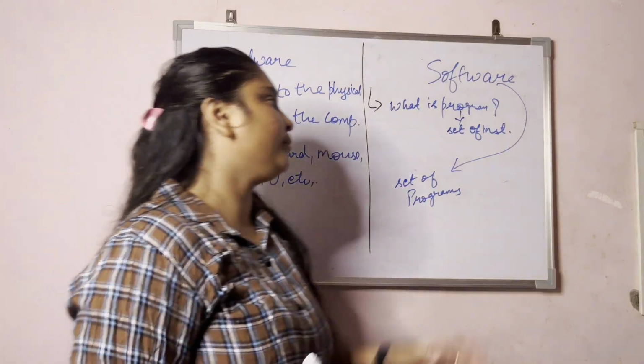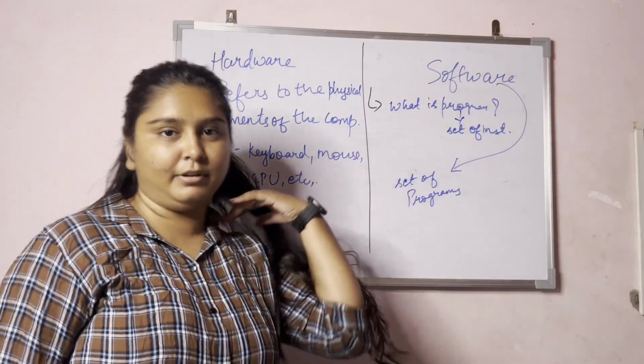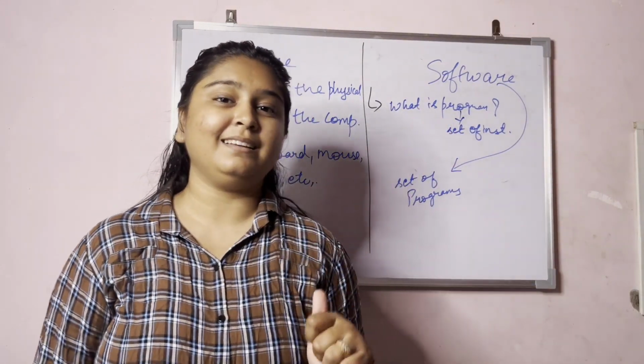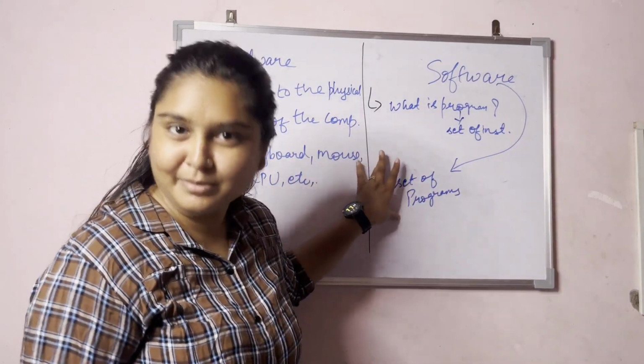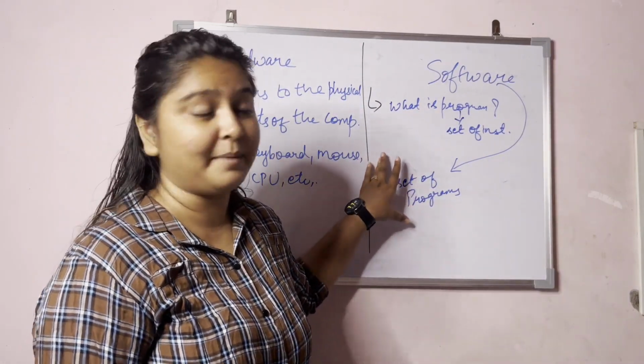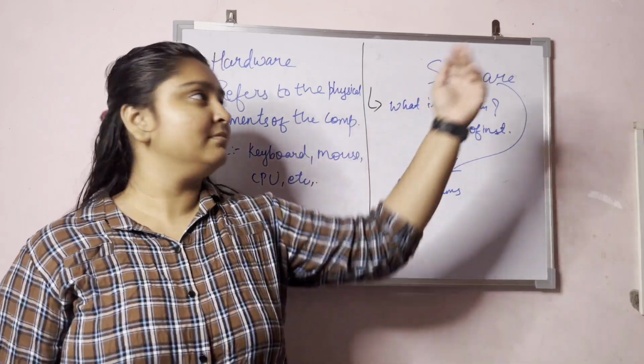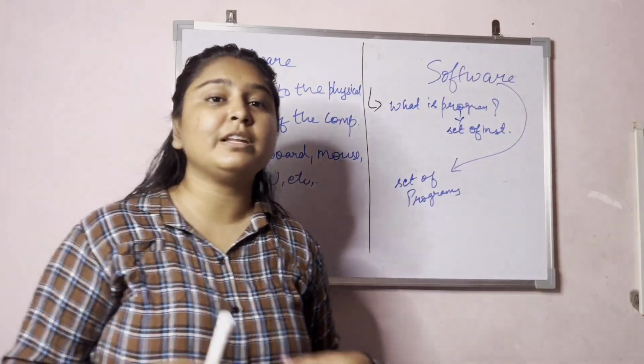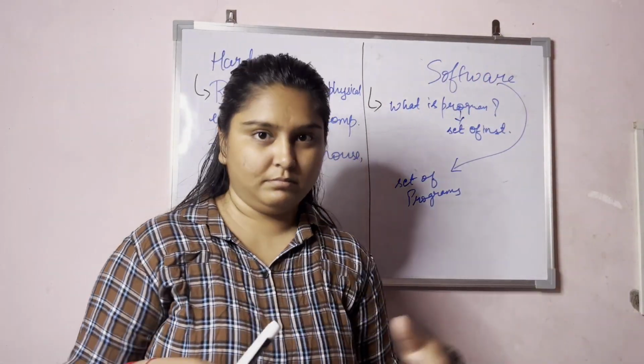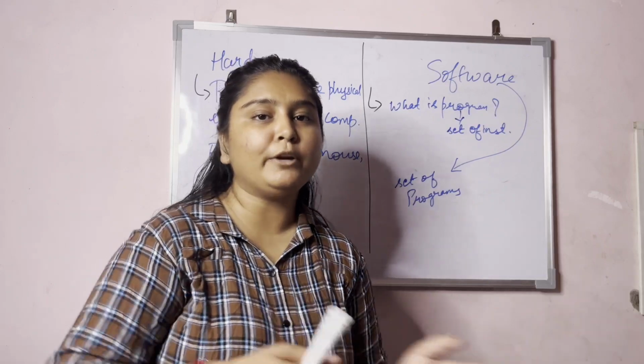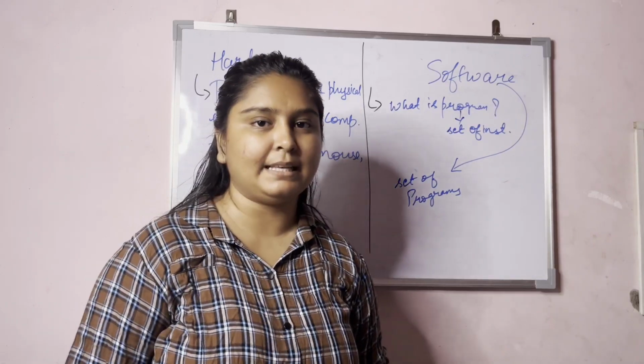If we say a program is a set of meaningful instructions, then a set of such meaningful programs is a software. So software is made up of more than one or two programs, we can say.